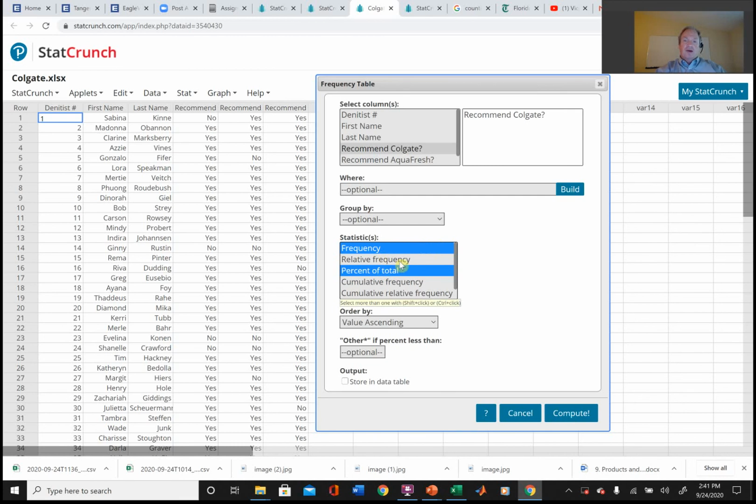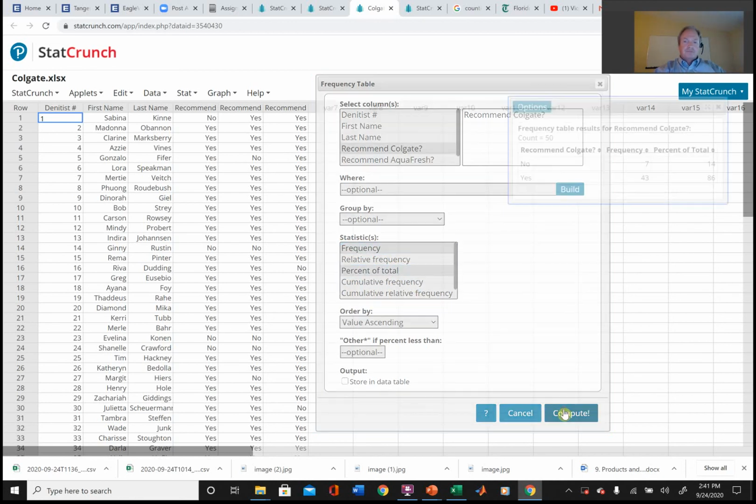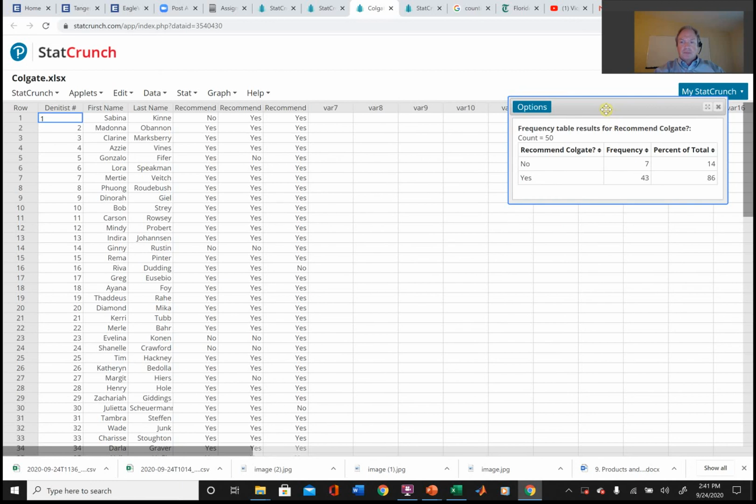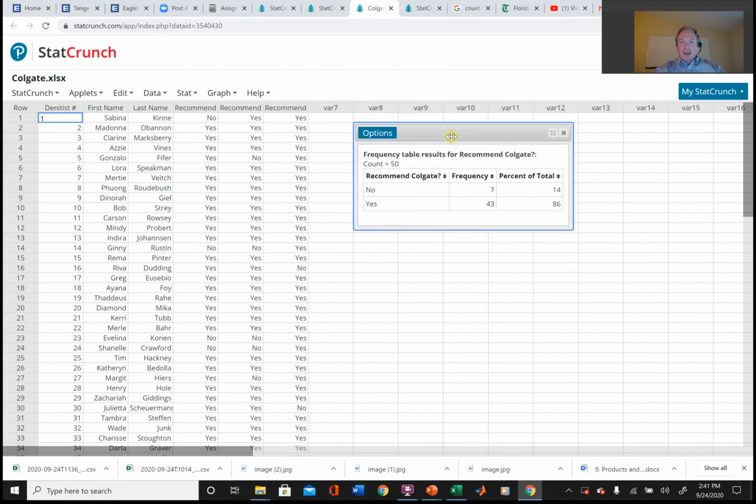So actually, you do have to change this. This will give it to you as a decimal. Okay. And now we're ready. And so if we look at the percentage, okay, this is the percentage. The percentage that said yes, they did recommend Colgate was 86%.